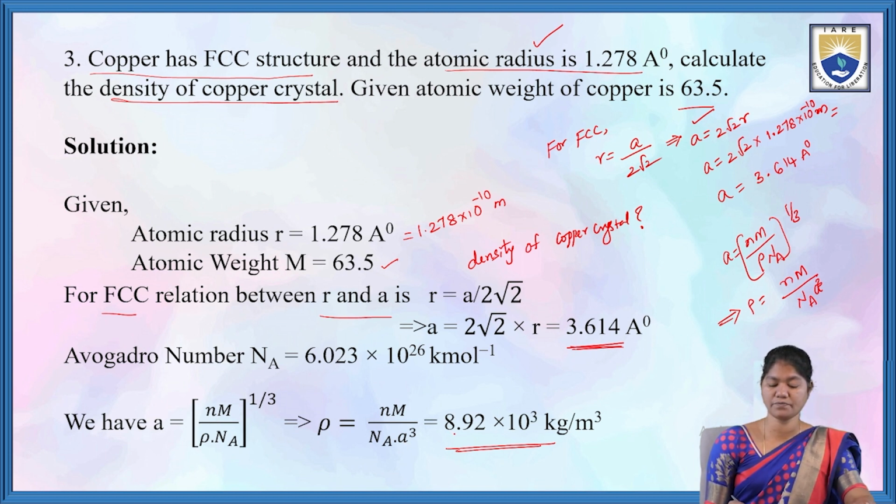Simplifying this, we get the value 8.92 into 10 cube kilogram per meter cube.